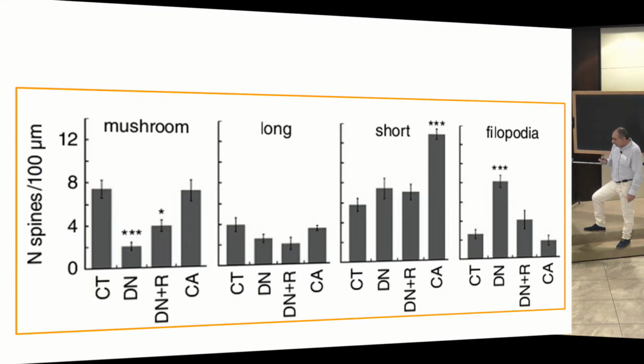So if we summarize, mushroom spines are at equal concentration or number in control and constitutively active, in dominant negative much less, and these little short spines are very high in constitutively active, while dominant negative is the champion for filopodia.